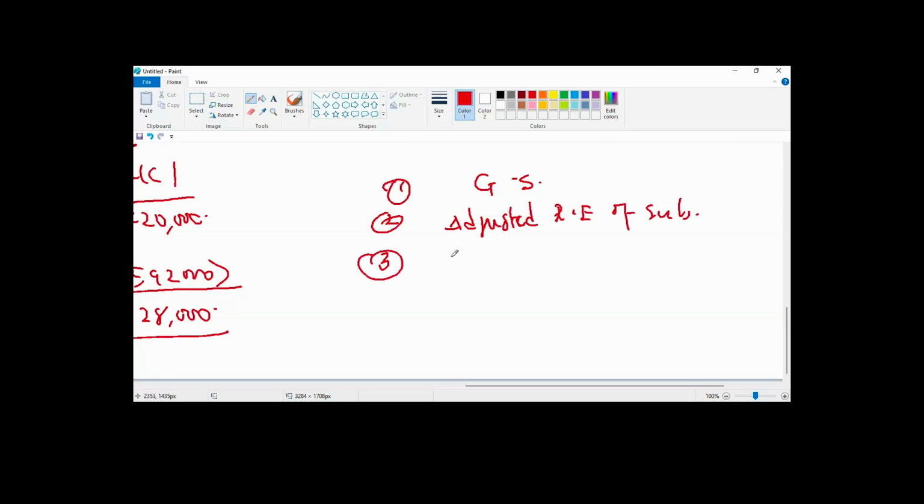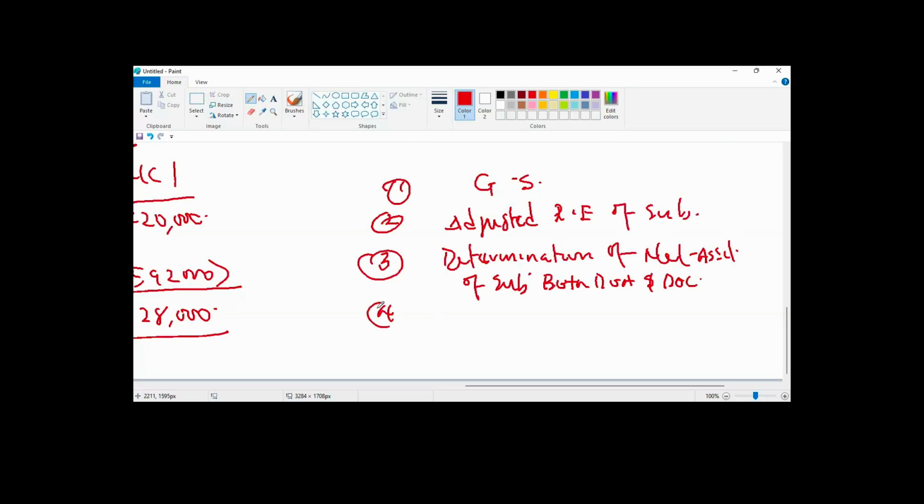Three, I will now open determination of net assets of subsidiary, both DOA and DOC. Four, then goodwill I open. Five, retained earnings of parents. Then NCI.